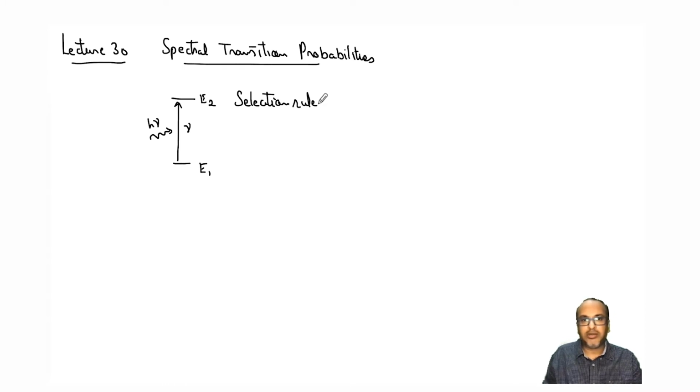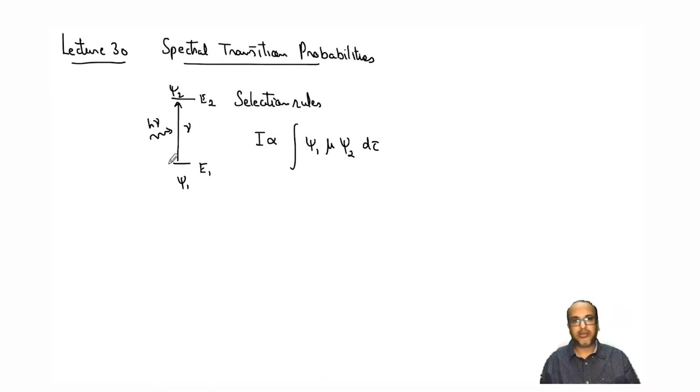You must have learned in spectroscopy whether the transition will be possible or not. So how does the selection rule actually come? The intensity of this transition will be directly proportional to the integral of psi 1 mu psi 2 d tau, where psi 1 defines the ground state and psi 2 defines the excited state.